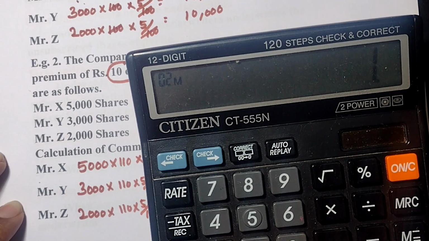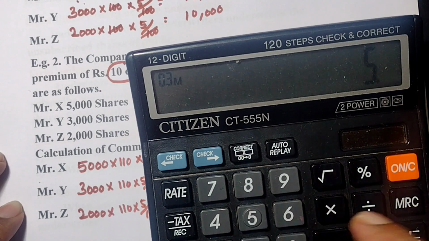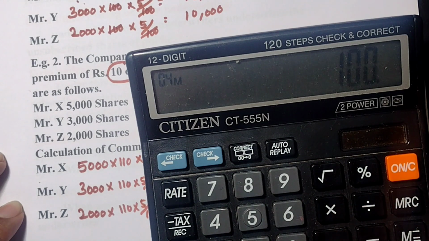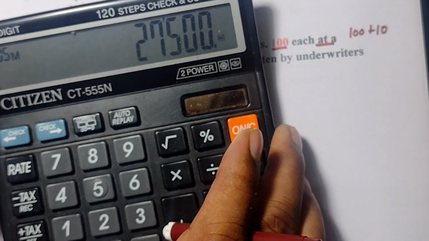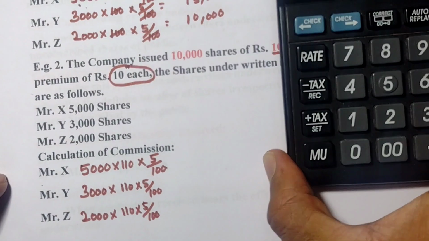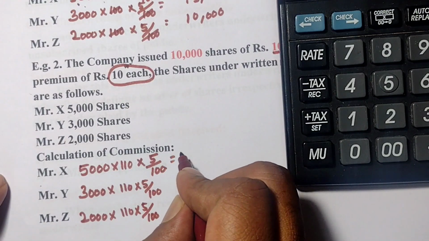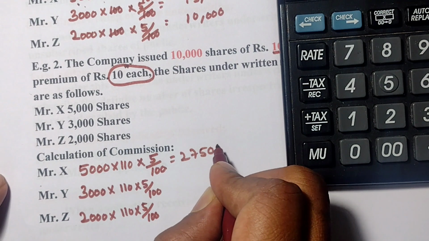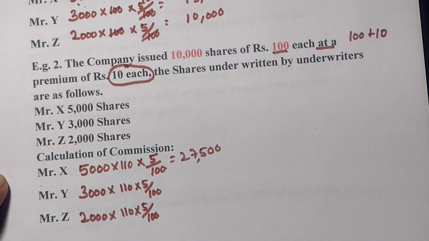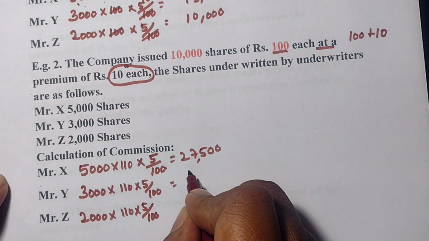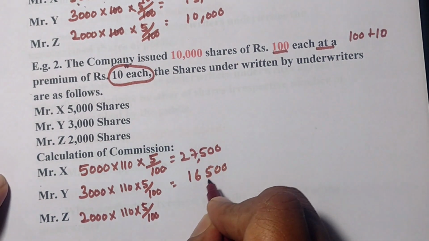5,000 into 110 into 5 divided by 100 is equal to 27,500. Let me calculate for the second person: 3,000 into 110 into 5 divided by 100 is equal to 16,500.